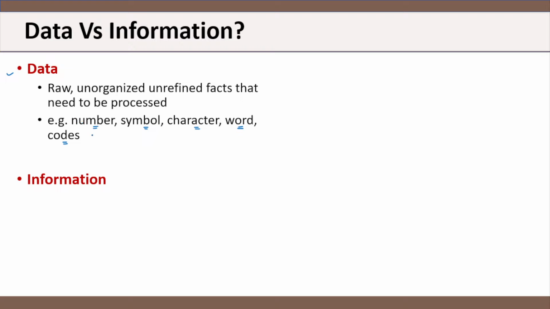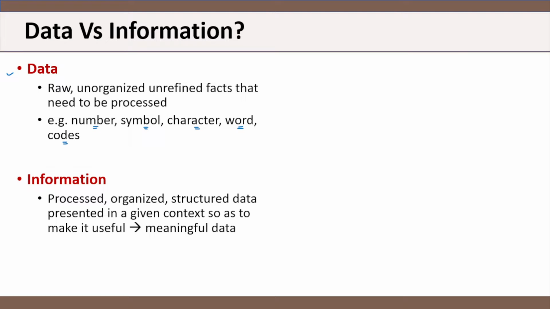So if we are having an individual number, say mobile number, then that would be a data. Now what about information? If the data gets processed, organized, structured in some context so as to make it useful, we say that it is information. So in brief, information is meaningful data. For example, if we are having the name of a person, then the individual name of the person is one data item.